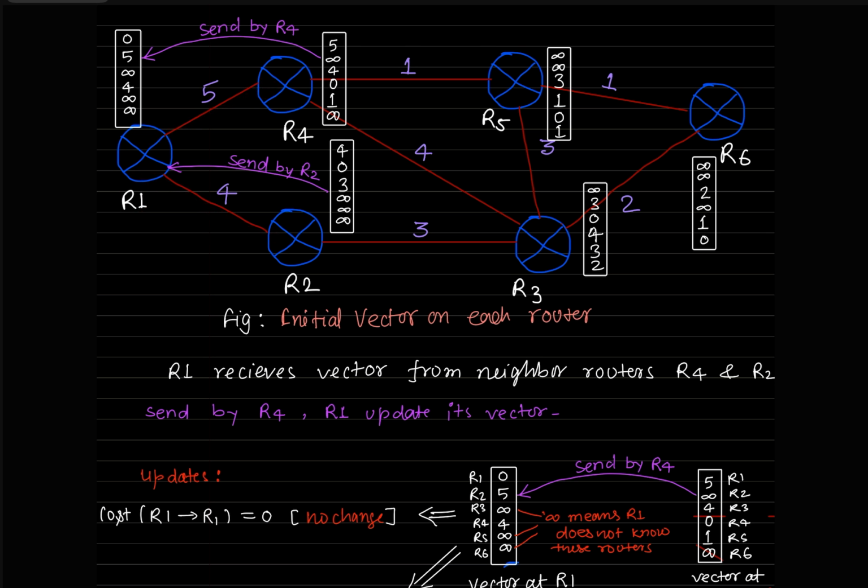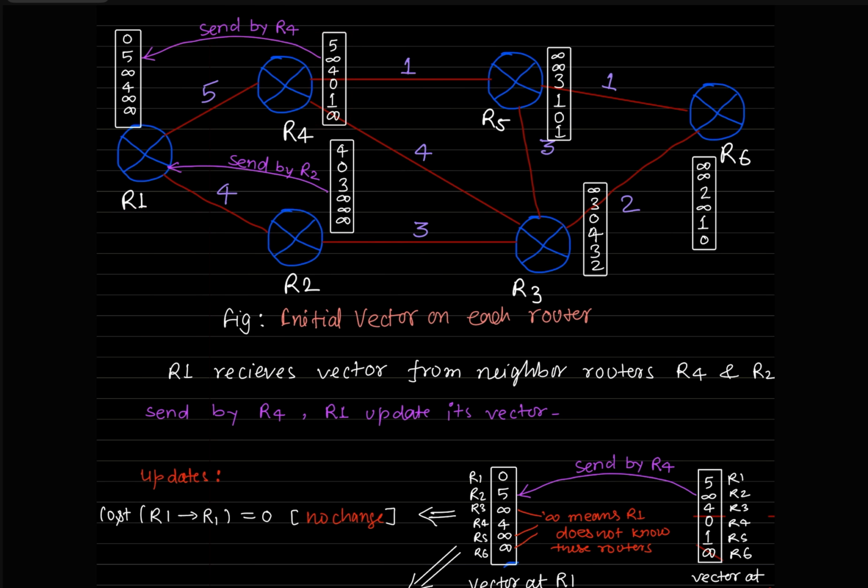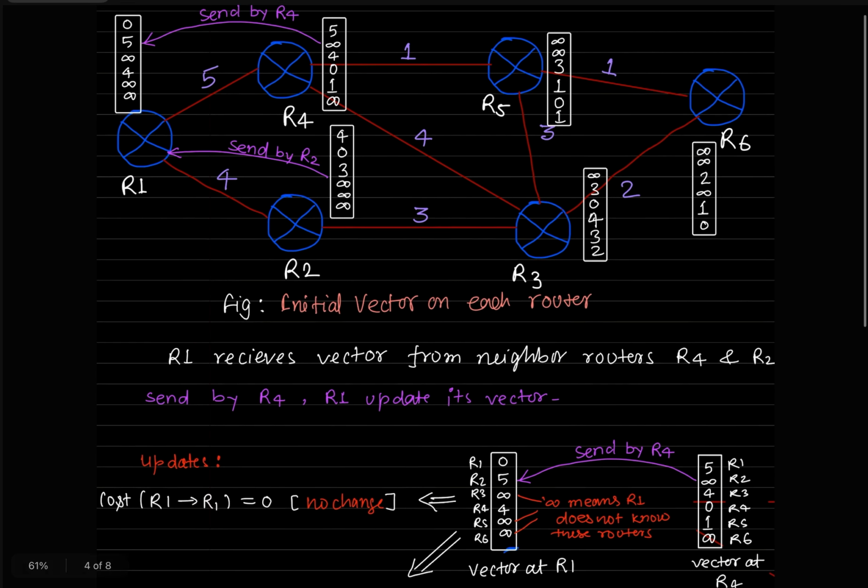In return, R1's neighbors send their initial vectors to R1. With the help of these initial vectors, R1 will identify the adjacent neighbors connecting to these routers, because these routers are sending their own vectors to R1.